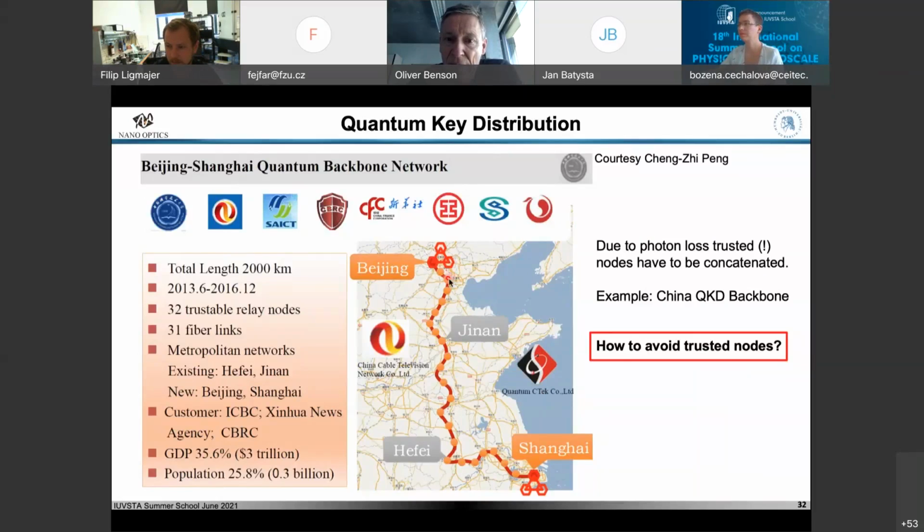But then this Bob becomes an Alice and sends the information to the next Bob, and so on. This means you have to trust all of these individual nodes that they don't give out the information. So it's a kind of cascade of individual Alices and Bobs, and this you want to avoid in the future.